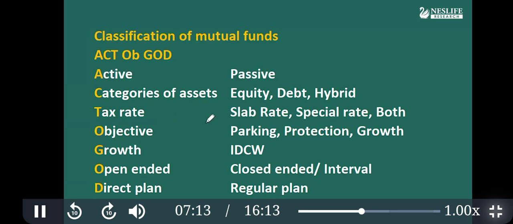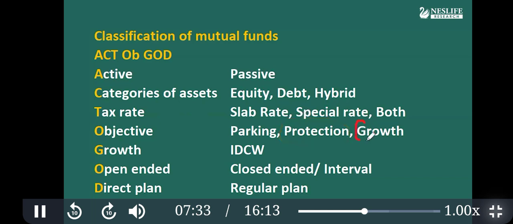What is your objective? If your objective is just to park money, then you have to invest in that particular type of mutual fund. We'll have the list of that as well. If your aim is just to protect from inflation as well as risk, then you will have a specific type of mutual funds.